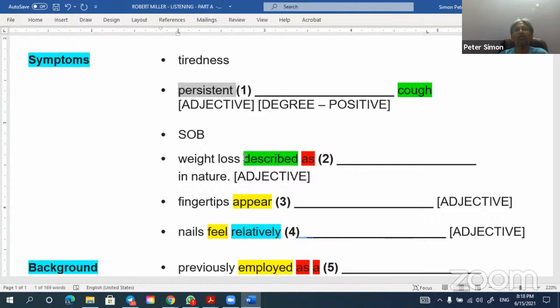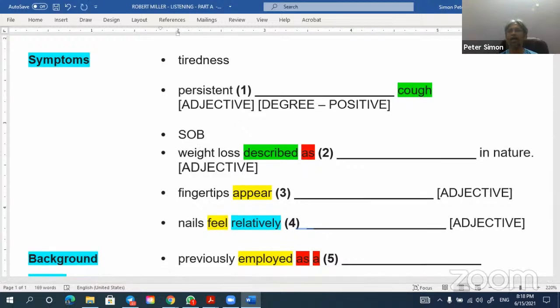Now, weight loss is described as sudden, so it is an adjective. I told you I'll adjust anywhere. If it is an adjective, again, what type of adjective?